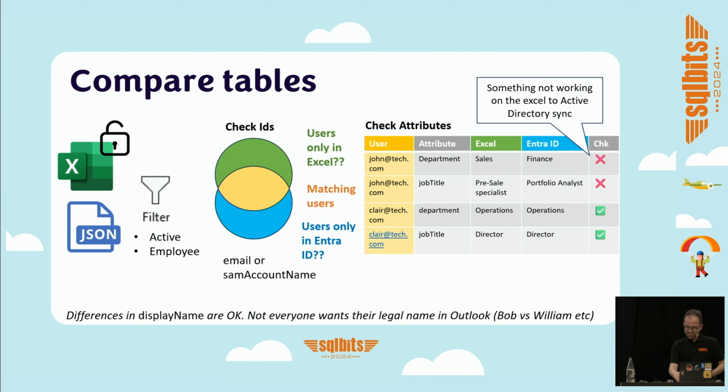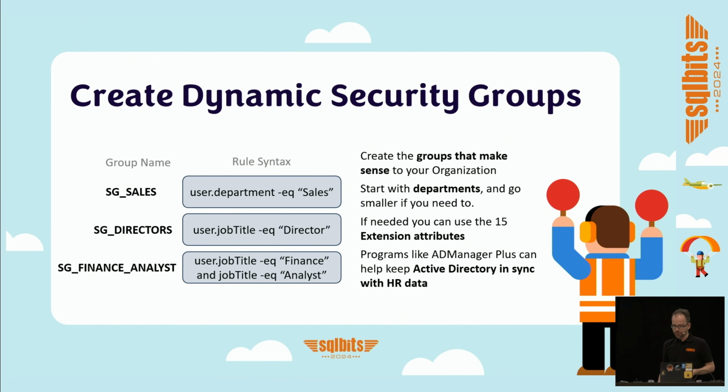Okay. So once we have this, we can start creating security groups that make sense to us. So SSG Sales would be all the employees that work in sales, and finance, or director. You can also use the role of the user if you want, or even complex ones. For example, the finance analyst should have permission to some reports, and just the director and the analyst only.